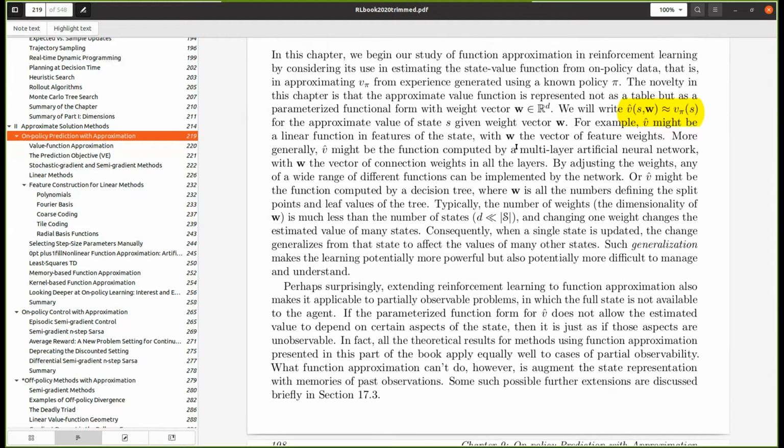So here our weight vector is in R^D, where D is some integer, the number of parameters we have, and it is usually assumed to be much smaller than the number of states. You can see that the state space size is much larger than the number of parameters we have.